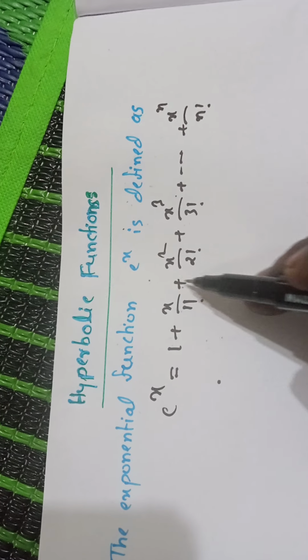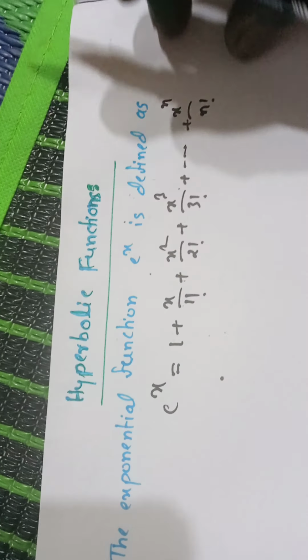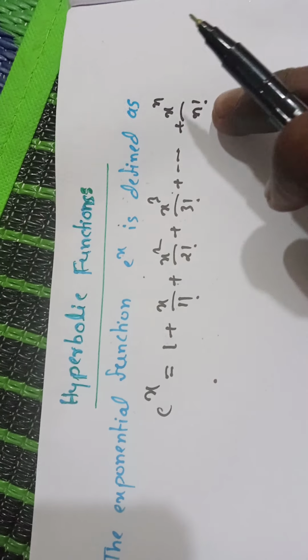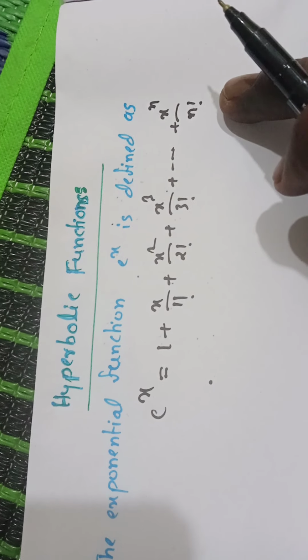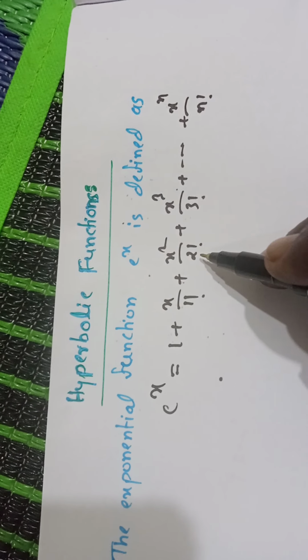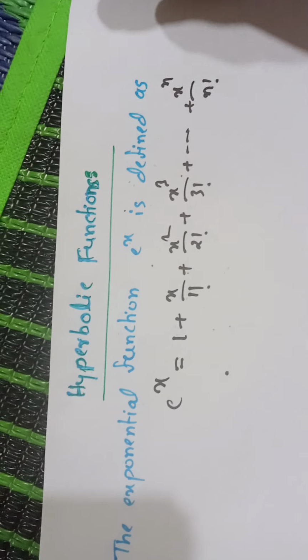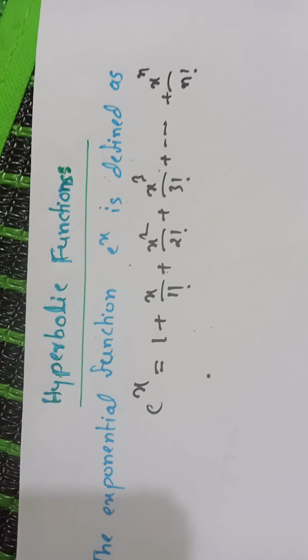But on this side, all the values are in decreasing order. Finally, the last term value approaches 0. That means all the terms from the third term of this expansion are proper fractions arranged in decreasing order.